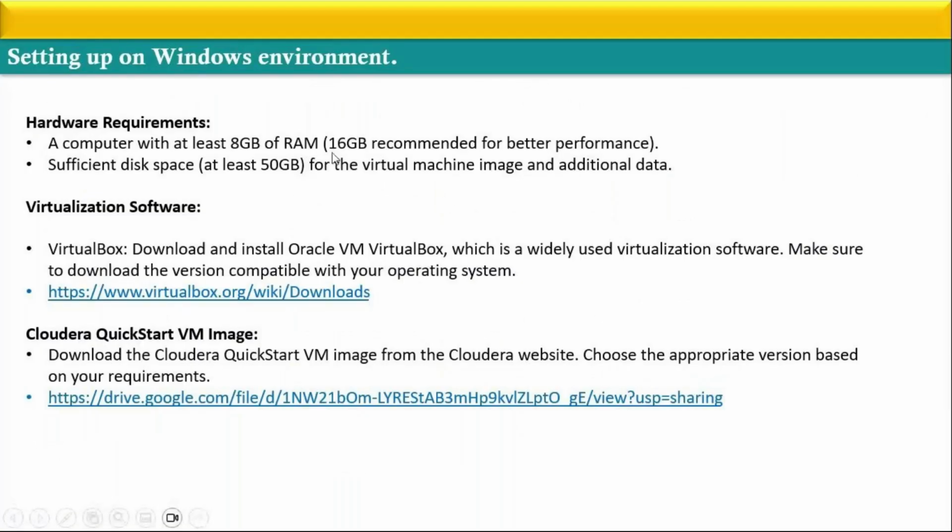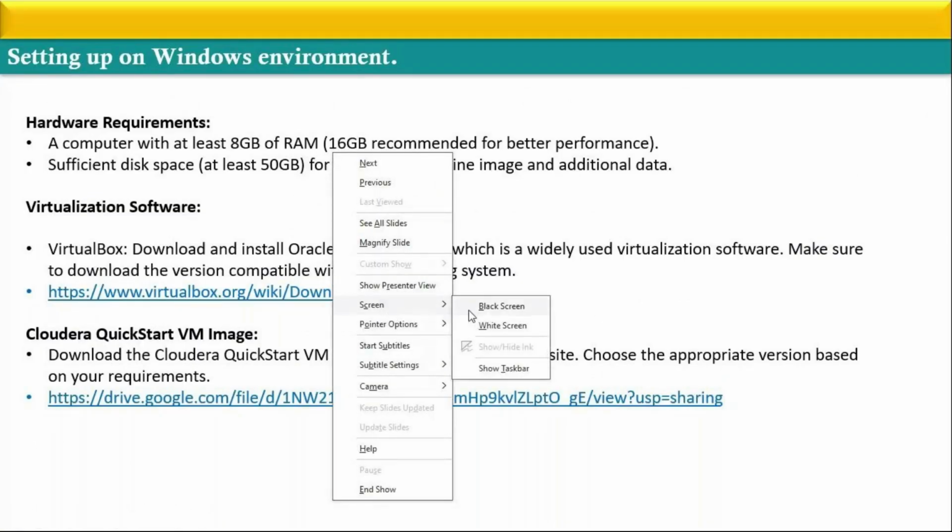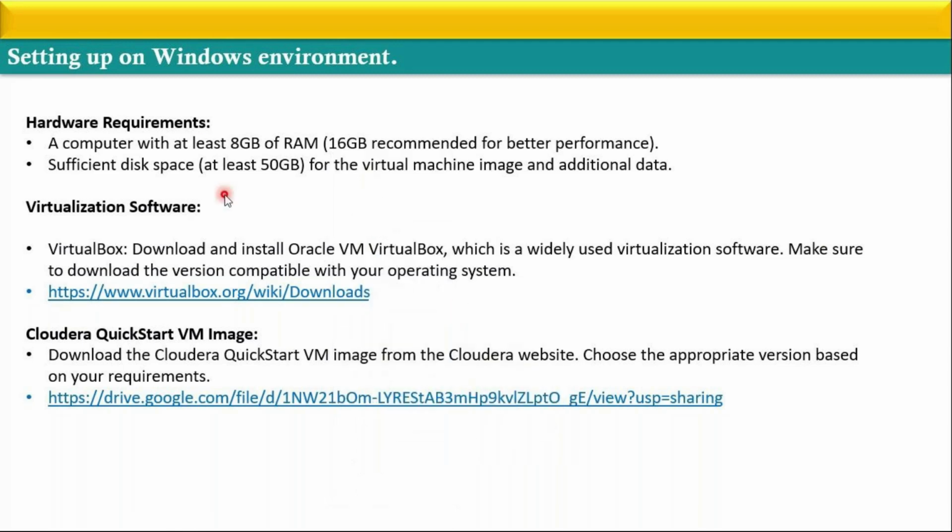You need to have at least this much configuration in your machine: at least 8 GB of RAM, and it is good to have 16 GB RAM, but at least 8 GB is preferred, and 50 GB of disk space is preferred. These are the hardware requirements. Then virtualization software.